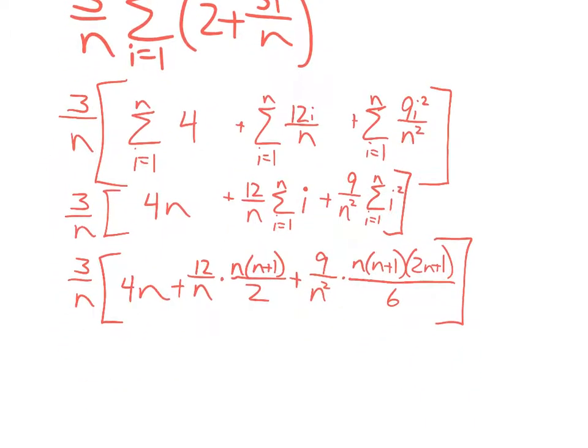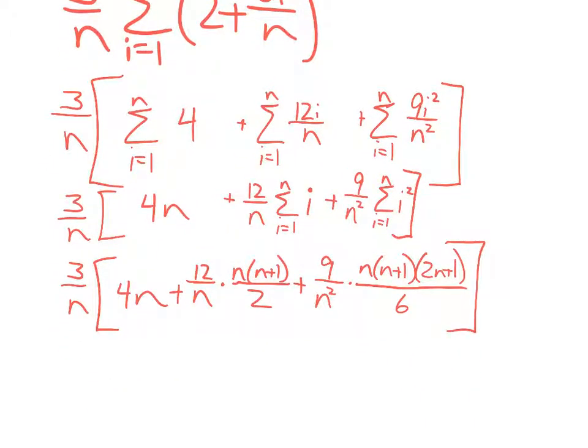Now, at this point, I'm going to simplify everything as much as I can. Still not distributing this yet, but I have a 4n plus, and then we have this. So look, the n's cancel, and the 12 over 2 is 6. So that's going to be 6 times n plus 1.